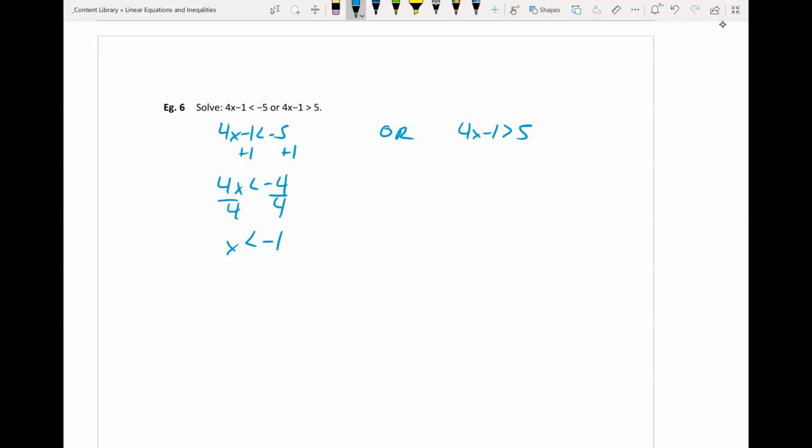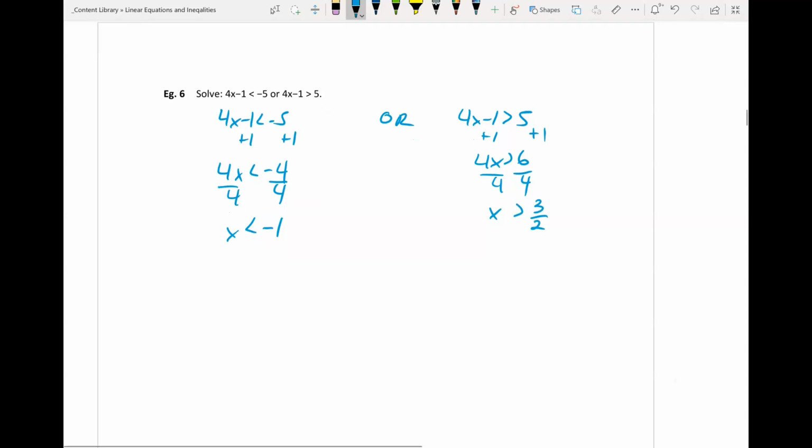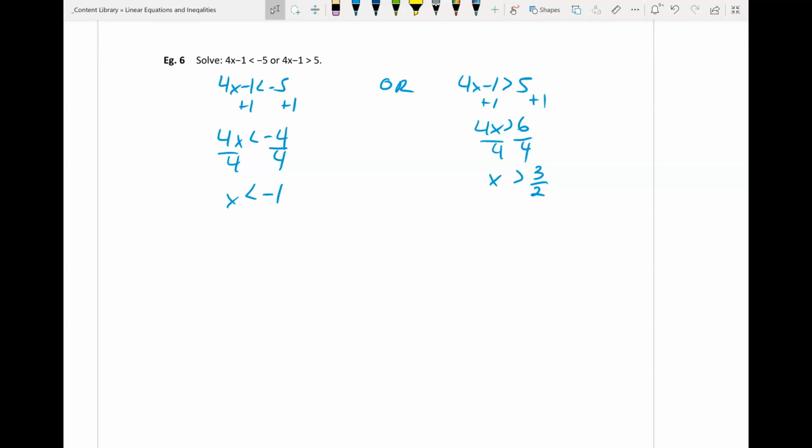Now we're going to focus on the other inequality. Same sort of thing. I want to add 1 to both sides. Then I got 6. Divide both sides by 4. So our final answer is x is smaller than negative 1 or x is greater than 3/2.